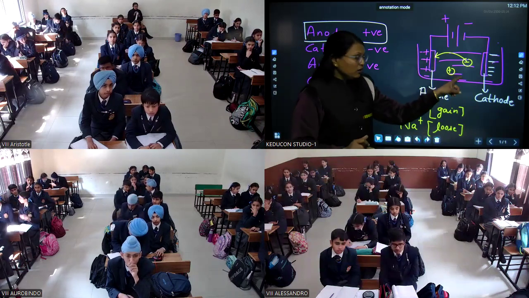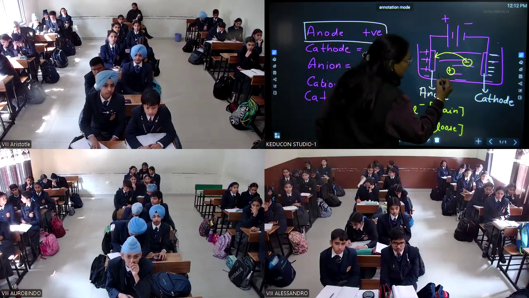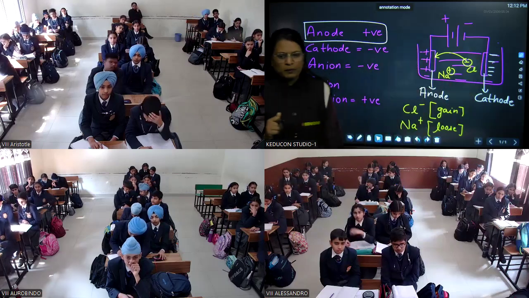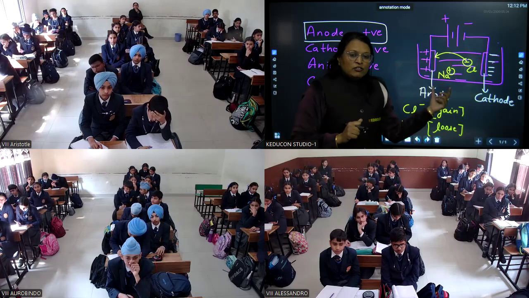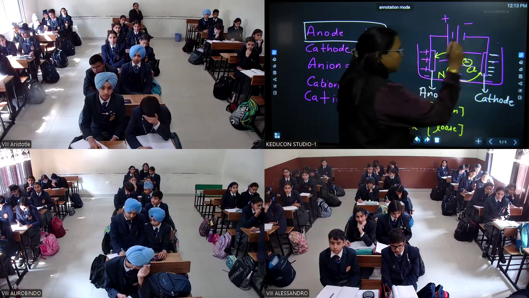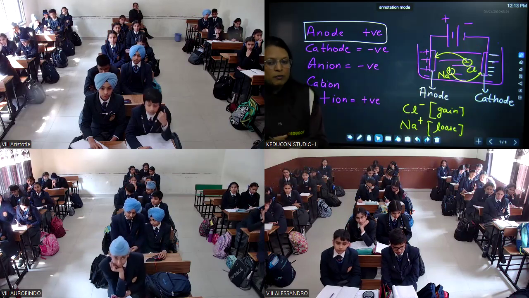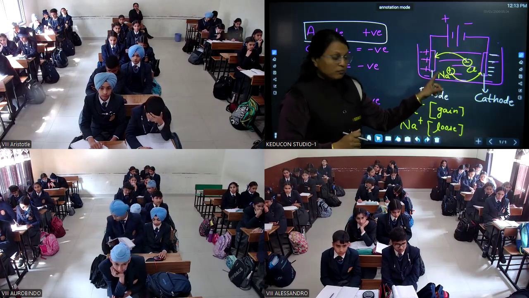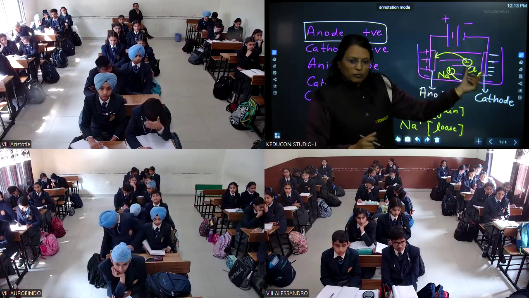Now, here, suppose this is Na positive and this is Cl negative. These ions will move towards the opposite side because sodium will move towards negative. Chlorine will move towards the positive side because it has gained electron.